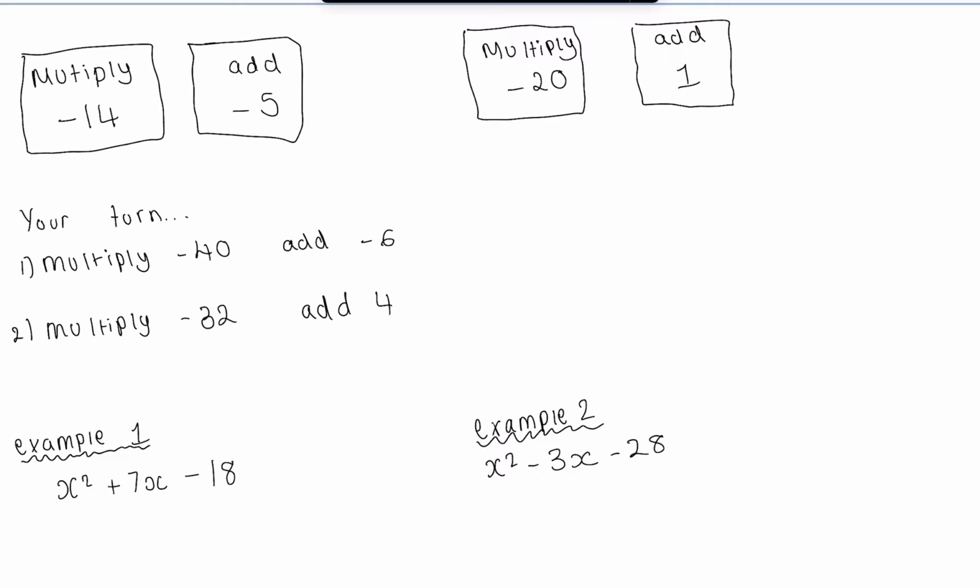Now we need to be careful when listing factors for negatives. So let's think we could have -1 and 14. However, we could also have 1 and negative 14. So we could have -1 and 14 to give us the negative, or we could have +1 but a negative 14.